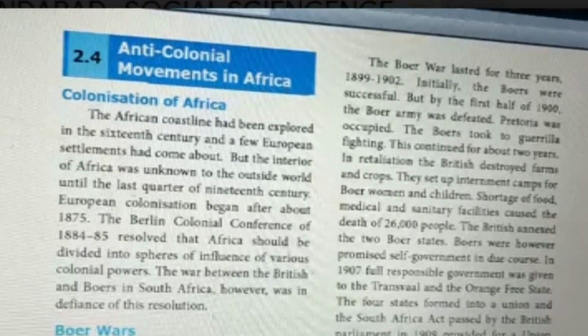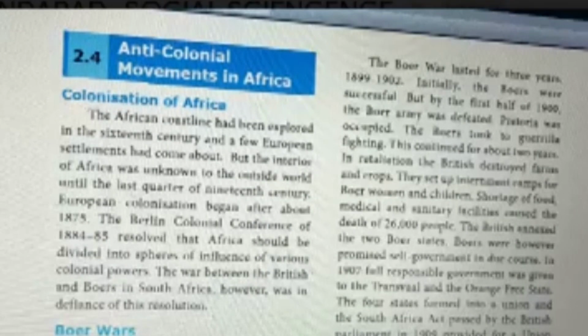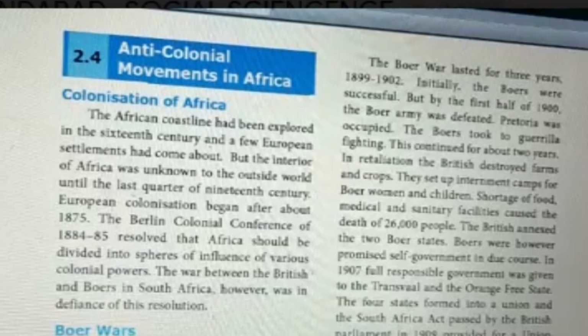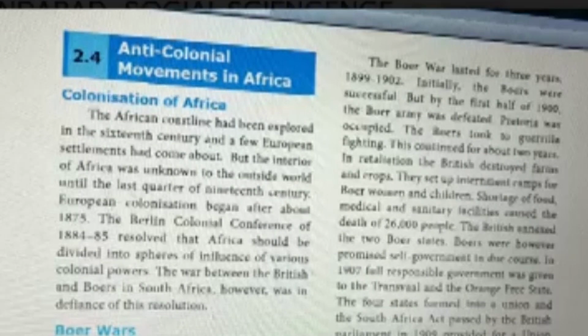The Berlin Conference, held in 1884 to 1885, paved the way for the British and the Germans, colonial powers, to enter Africa and exploit the native people of South Africa, the Boers.